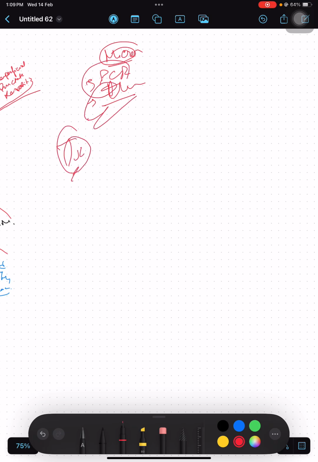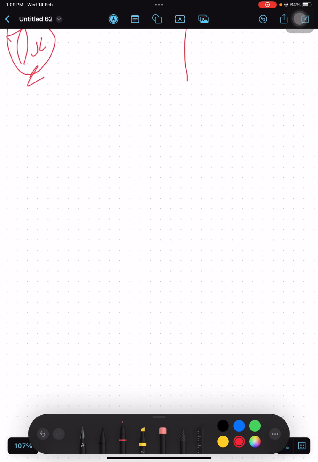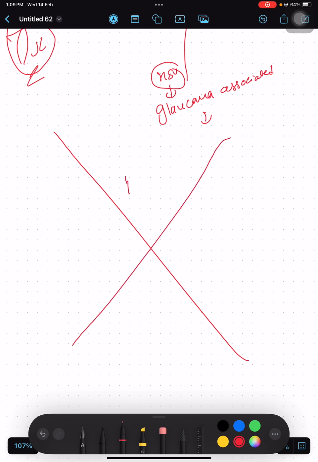Treatment, very important. Whenever we go for treatment, the most important thing that you need to remember when it comes to HSV is if there is glaucoma associated, very, very important, you're never going to give PG analogs.